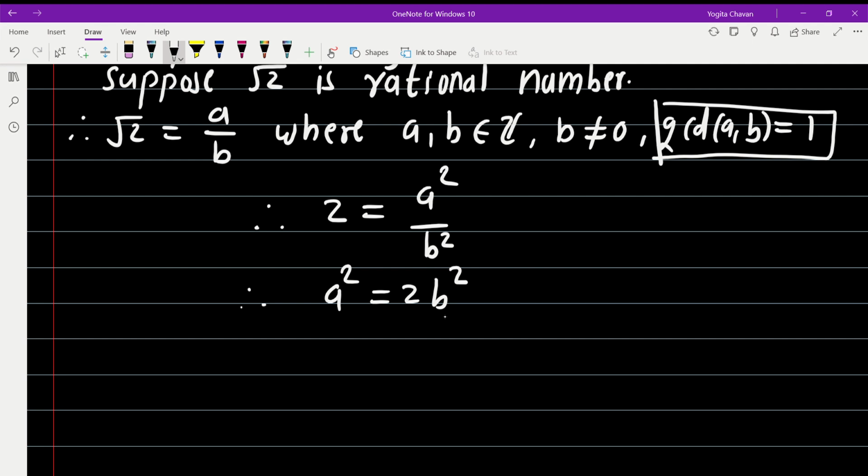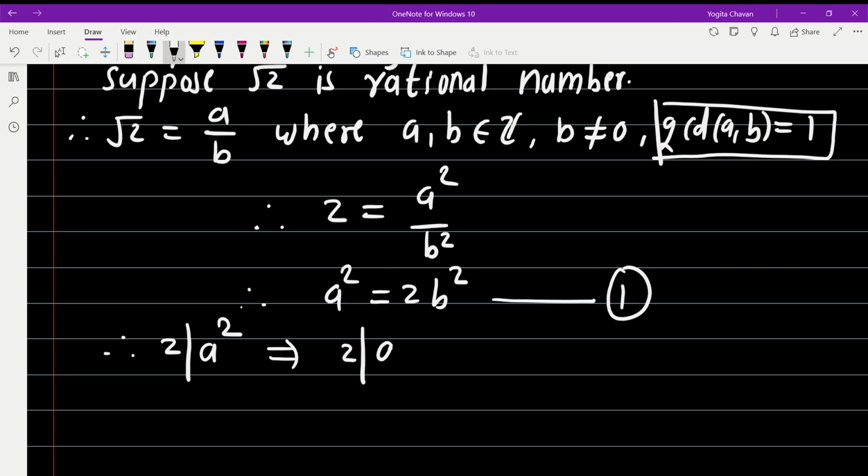So a square is a multiple of 2. Therefore, 2 divides a square. This is equation number 1. 2 divides a square means 2 divides a into a, which means 2 divides a or 2 divides a.